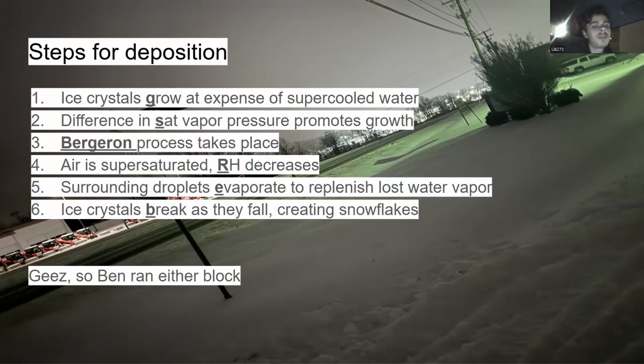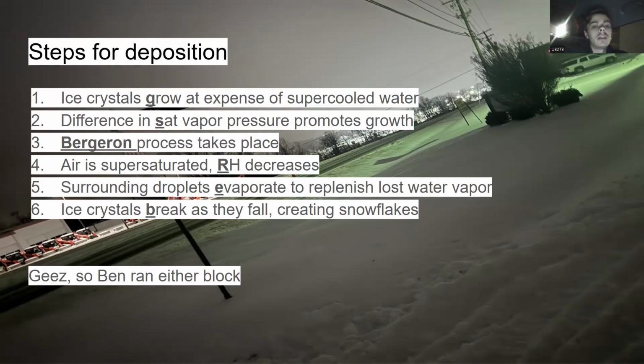Here are the steps for deposition. This is kind of a lot, but first we have ice crystals that are growing at the expense of supercooled water, so supercooled water is basically taken in order for the ice crystals to grow. Then the difference in saturation vapor pressure promotes growth.